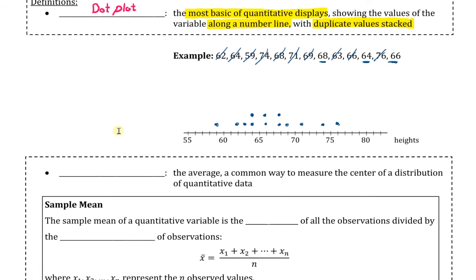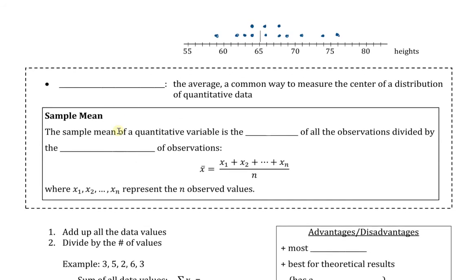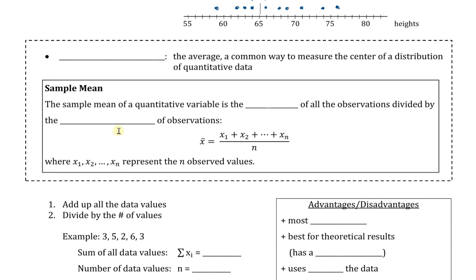The next idea we would like to be comfortable with is the mean. The mean is also referred to as the average, and it is a common way to measure the center of a distribution of quantitative data. There are two different types of means that we will discuss.